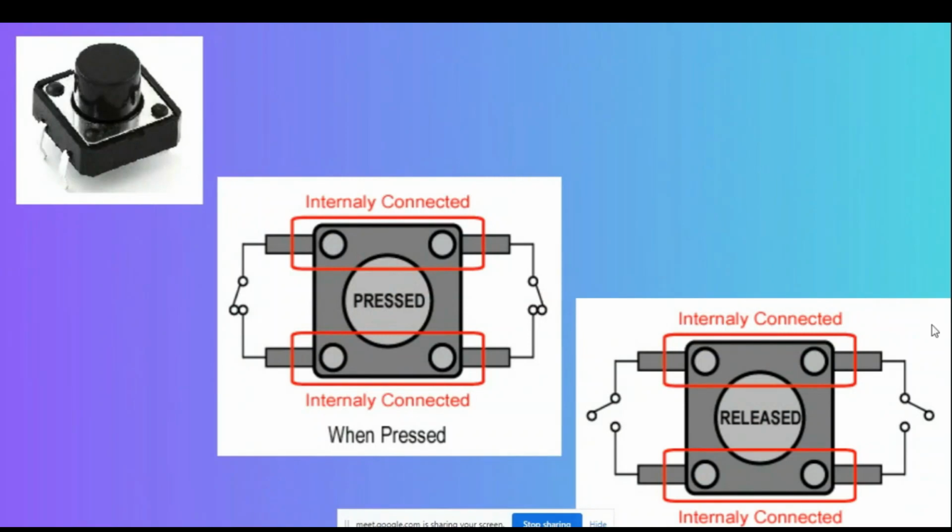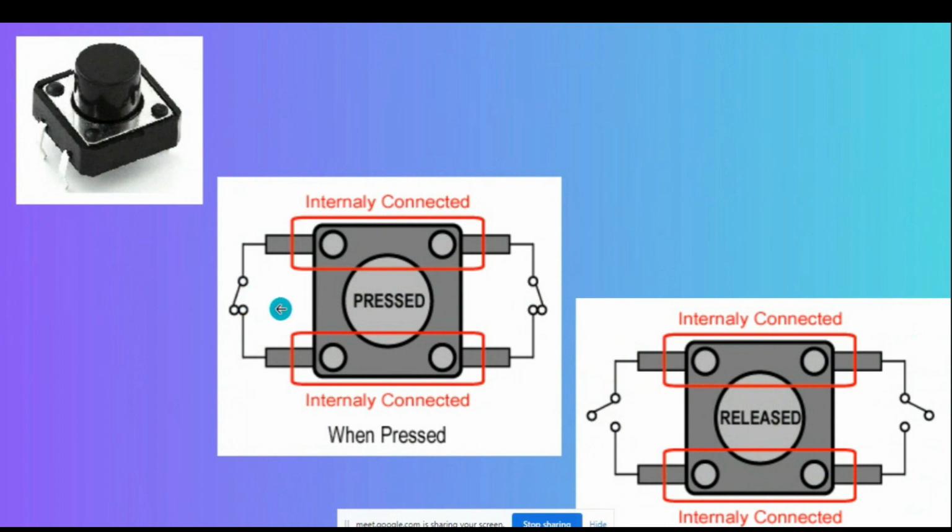As we are going to use the push buttons, let's see how this push button works. Two push buttons of this kind are connected on the Magicbit. There are 4 pins for the push button. The horizontal ones are internally connected, like marked here. When you press it, the other two connections will happen.